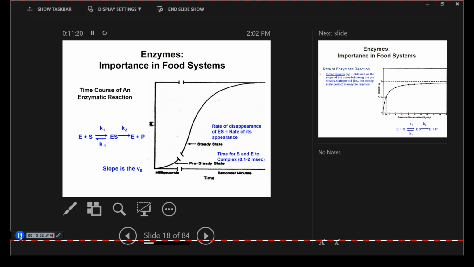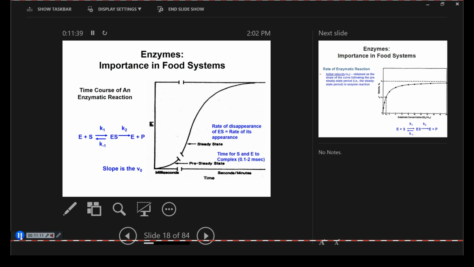That's why if we saturate the enzyme with substrate, we get the maximum rate for the reaction, because you always have additional substrate. When E is freed upon product formation, there is enough substrate for E to bind to S, form the complex, and continue the reaction.